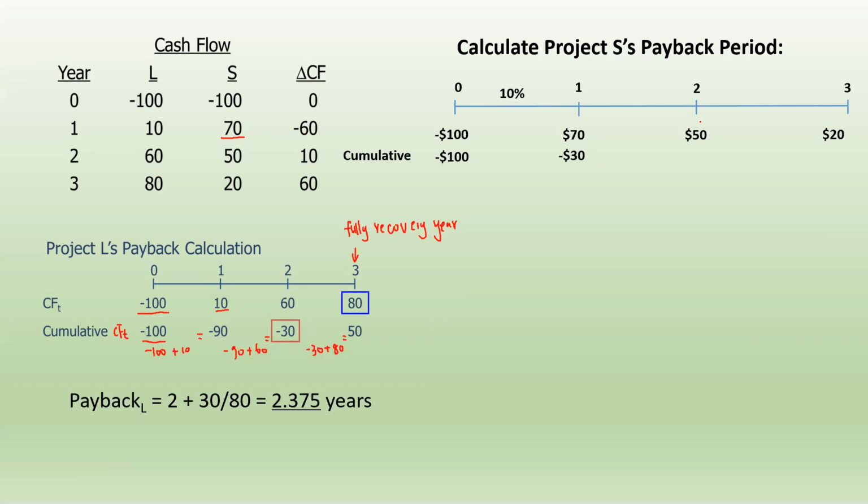And t equal to 2 is $50. So at the end of t equal to 2, the cumulative cash flow is $20. It's positive. It means that we not only collect back all our initial investment, we earn $20 in cash inflows. So year 2 is the full recovery year.